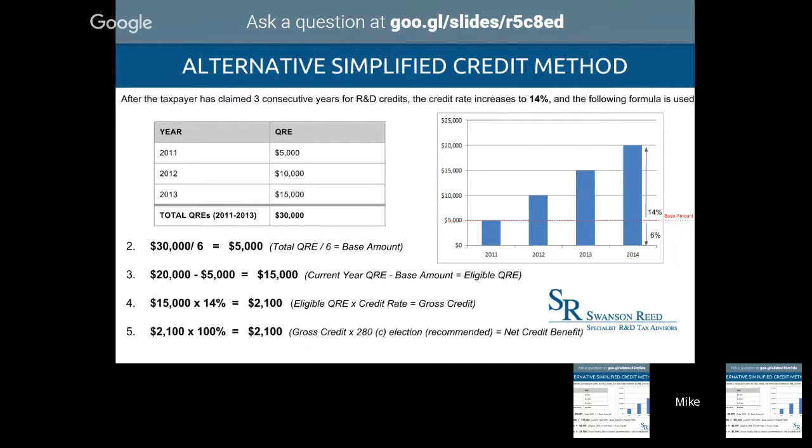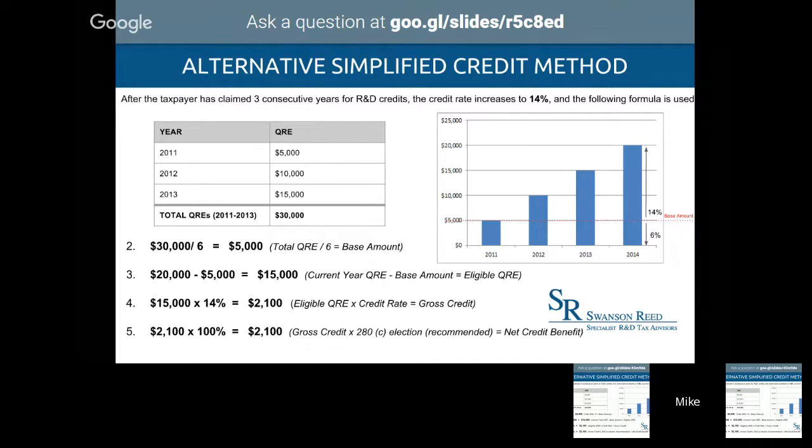It is also possible in this scenario to get upside down. If your base amount is greater than your current year expenses, you get into negative numbers, and the credit goes out to 0. You don't get anything. What drives that is you have to have increasing expenses.